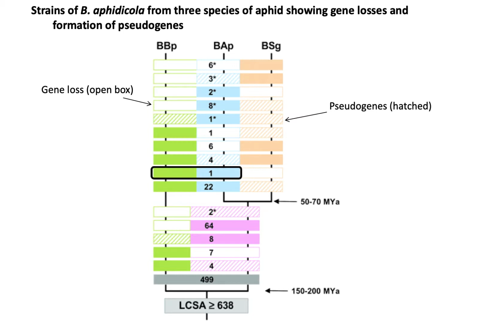Another case here where 1 gene has been retained in these 2 strains but lost in this 3rd one. And you can go up looking at all these changes, accounting for all of those 499 genes and their changes. The 638 then also indicates that quite a number of them, at least 140 or so, have not changed at all in all 3, so they've been retained.